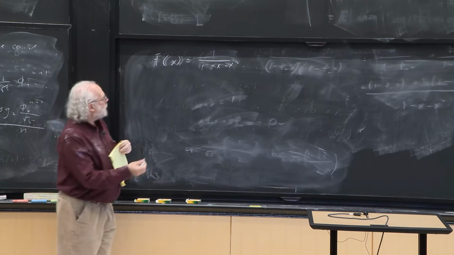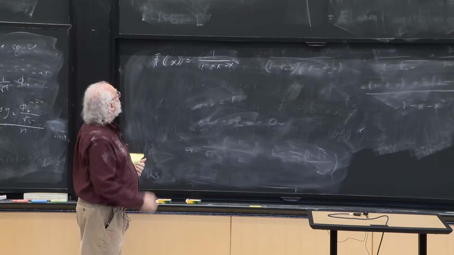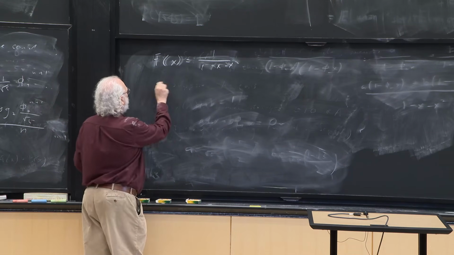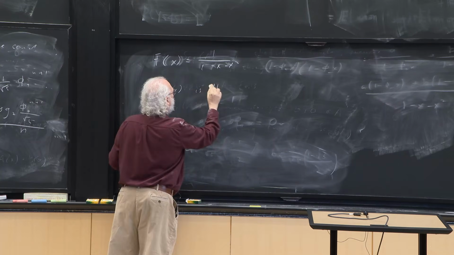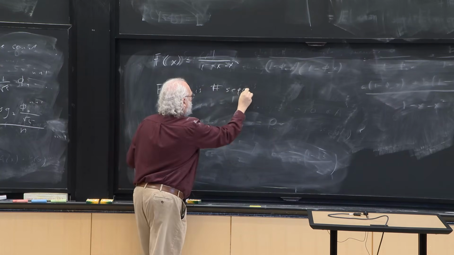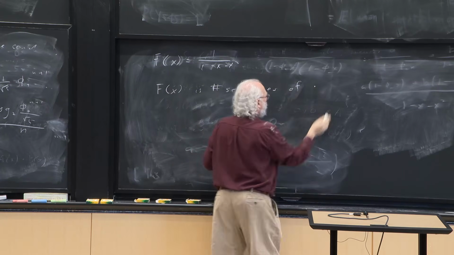Okay, so yeah, it's not completely obvious. So f of x is the number of sequences of dot and dash.